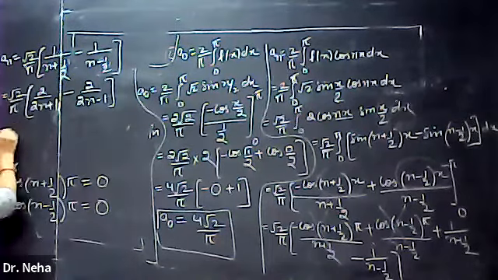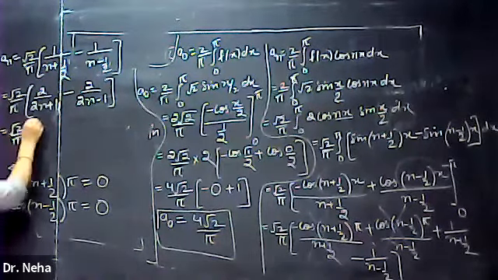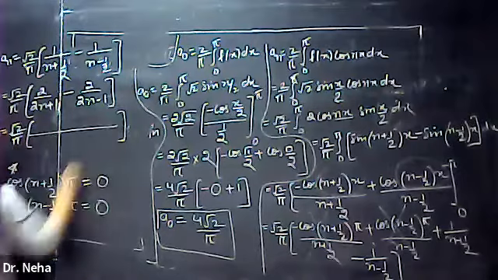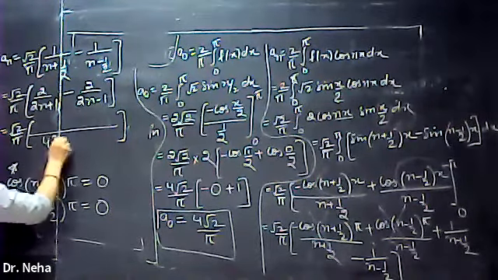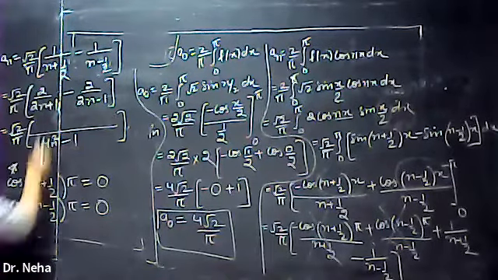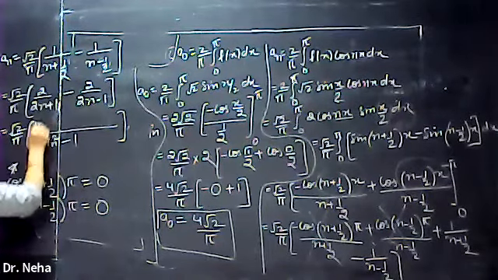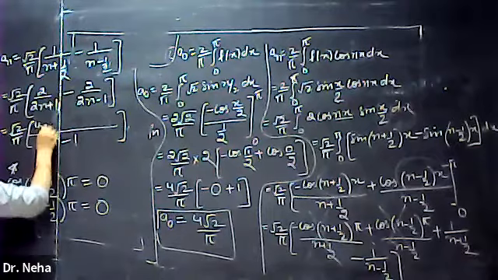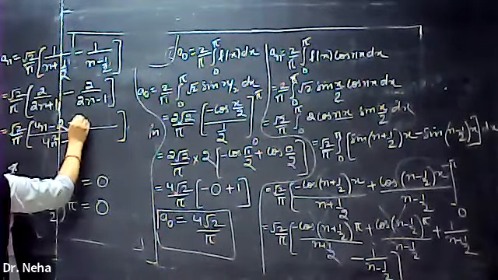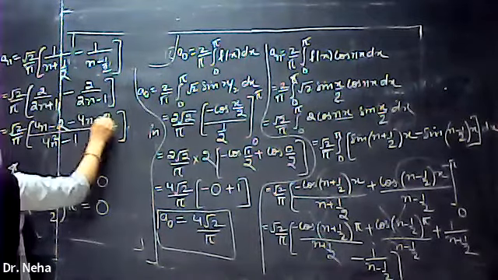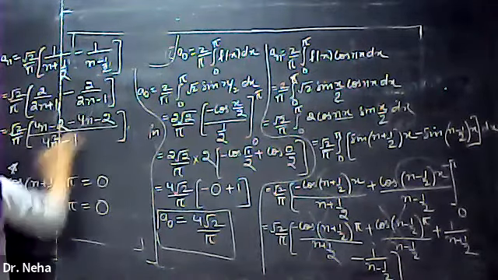Now taking the LCM throughout, square root of 2 upon pi. Denominator: a plus b into a minus b, it will be a square minus b square. And what about the numerator? 2 into 2n minus 1, 4n minus 2. Similarly, minus 2 into 2n plus 1, it will be minus 4n minus 2. So 4n will be cancelled out.